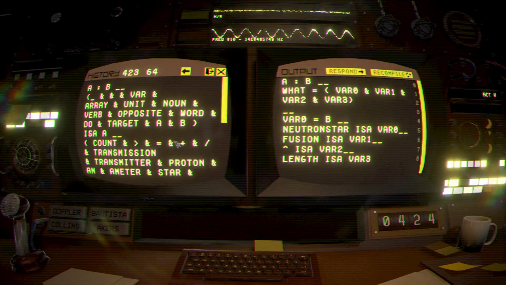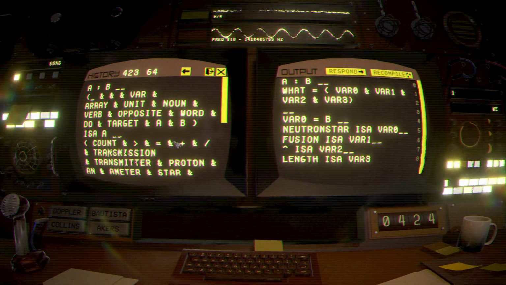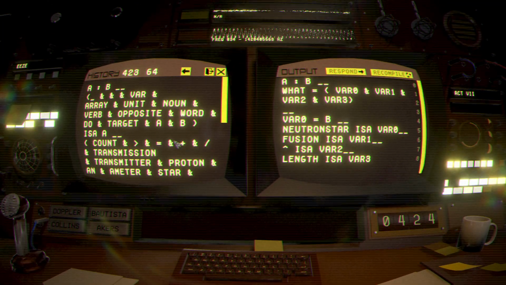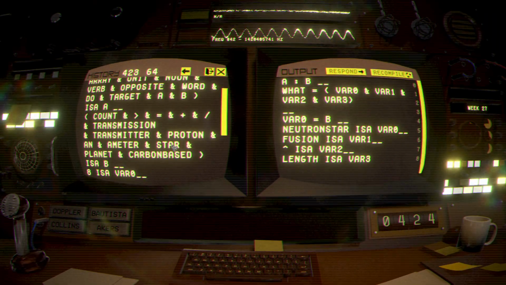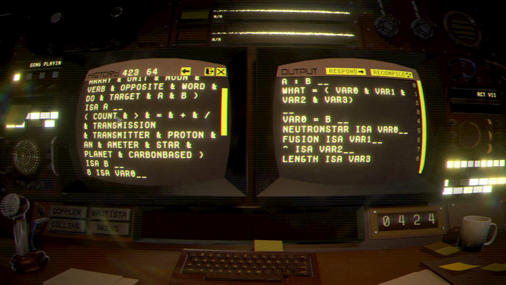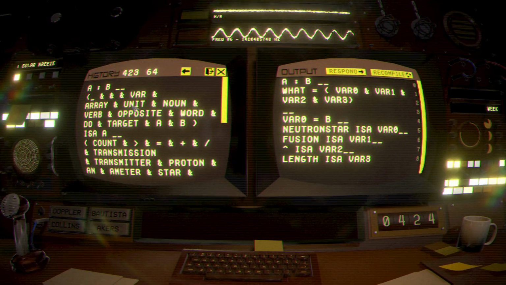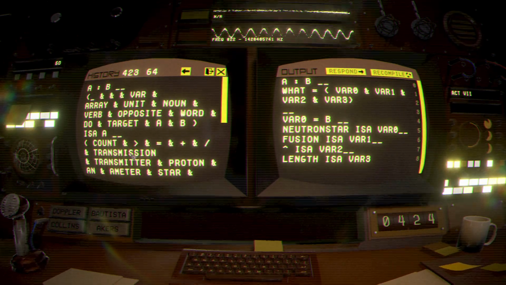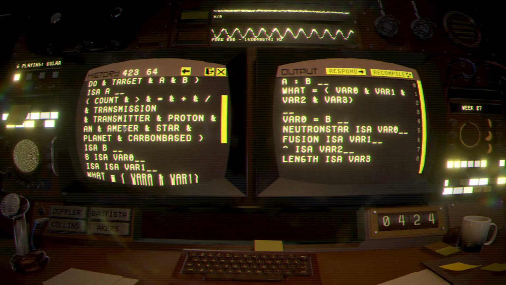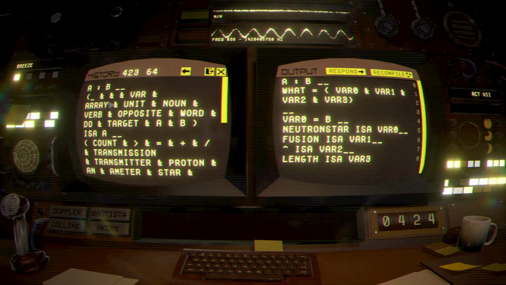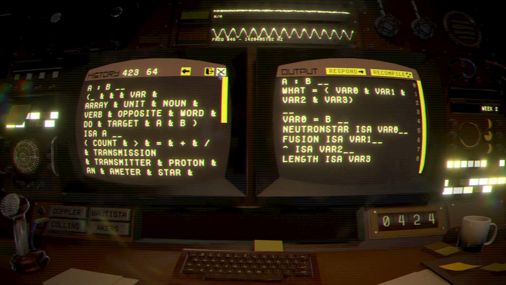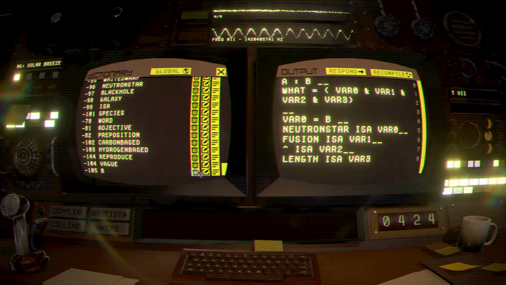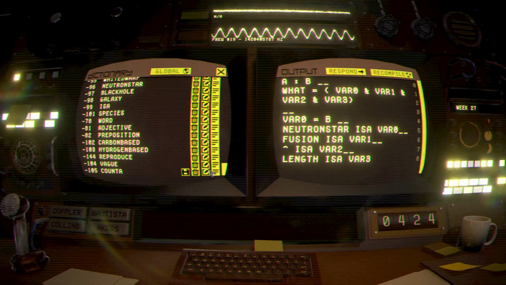Okay, so a variable, an array, a unit, a noun, a verb, an opposite, a word, a do, a target. Counting. Those like numbers versus words, maybe? But then why is proton atomic number? Like things that can be given a number and things that are like vague. Maybe A is vague. Try that maybe. Vague. And countable, kind of like that.